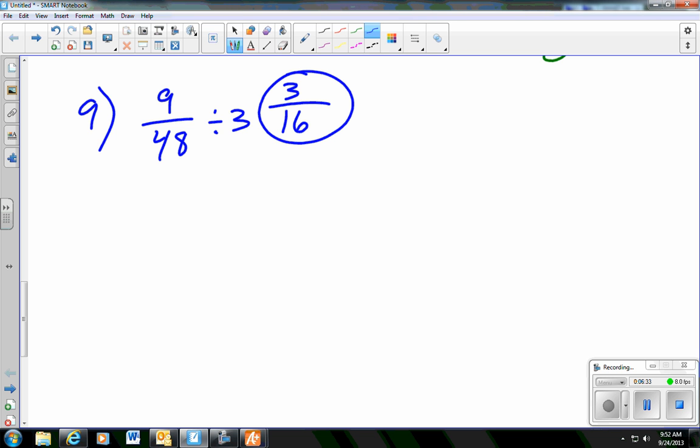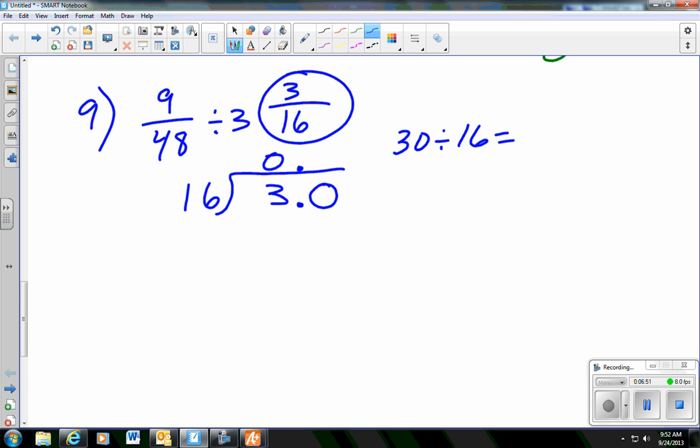Now we're going to divide it out. Again, top number goes on the inside, bottom number goes on the outside. Bring your decimal and add a 0. 16 goes into 3 0 times. Now 16 into 30, you can do 30 divided by 16, and you will get 1.875.